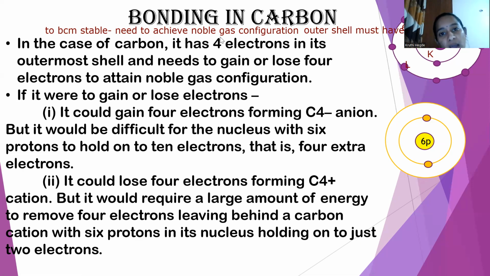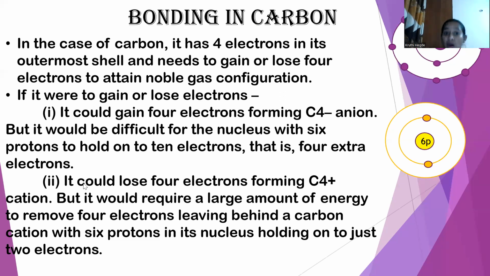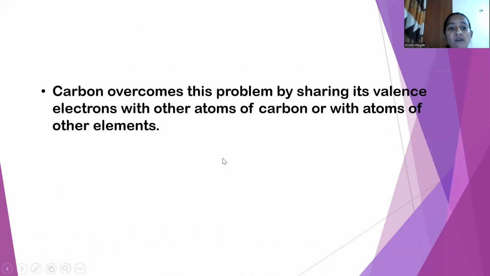So what does carbon do then? It cannot lose, it cannot gain. If an atom neither loses nor gains electrons, but it should reach noble gas electronic configuration, then it follows another step to overcome this problem by sharing the electron.